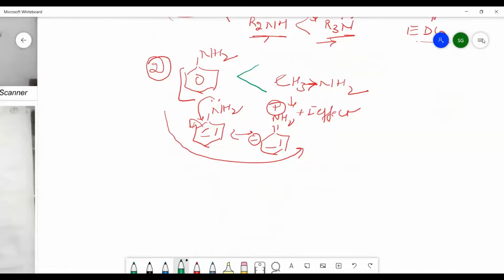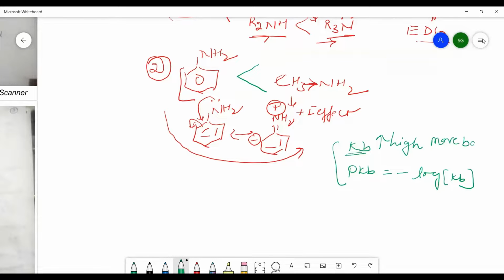Now, if we take this in terms of Kb and pKb, see very carefully. Kb means the dissociation constant for a base, and pKb is minus log of Kb. So whenever the dissociation constant Kb is more, a high value of Kb indicates more basic nature.